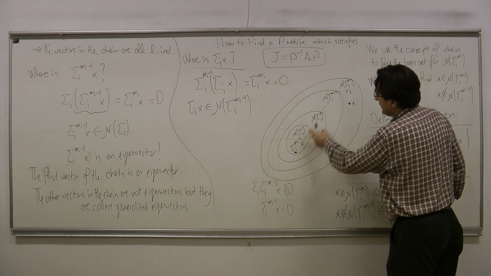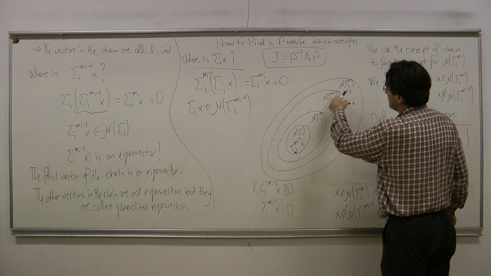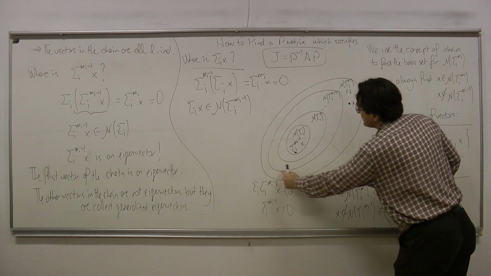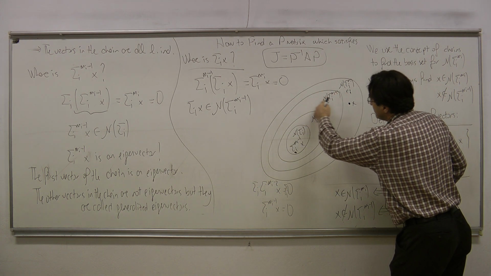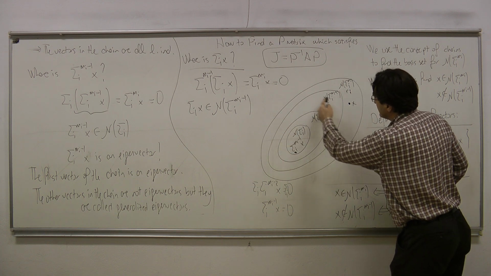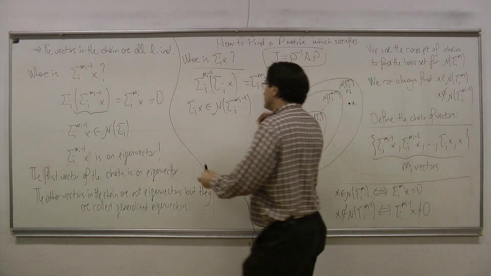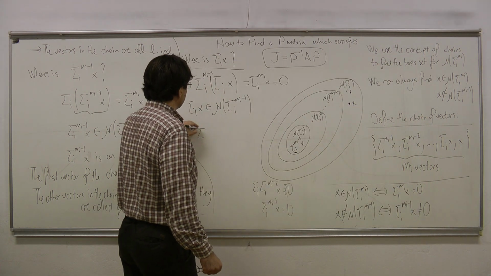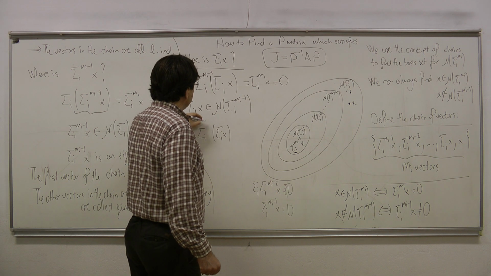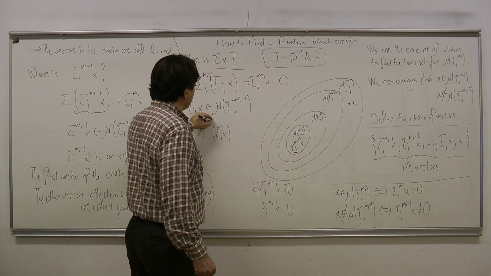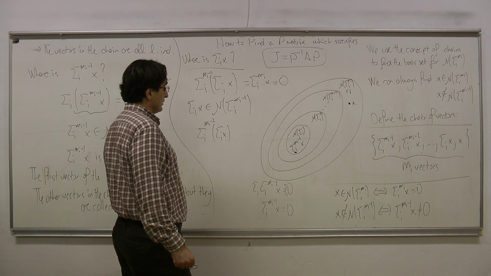But can it be inside, for example, sigma I to the mi minus 2 x? I know that it is inside this ellipse here, but can it be inside one inner ellipse? I'm going to answer that question by the following. Can this vector, sigma I x, be inside the null space of sigma I to the power mi minus 2?